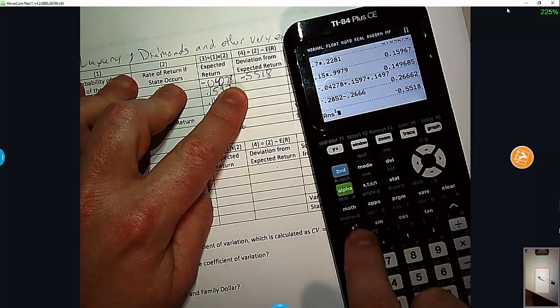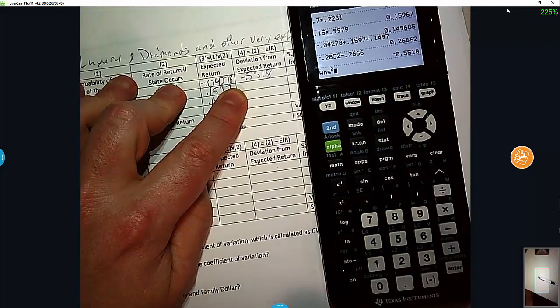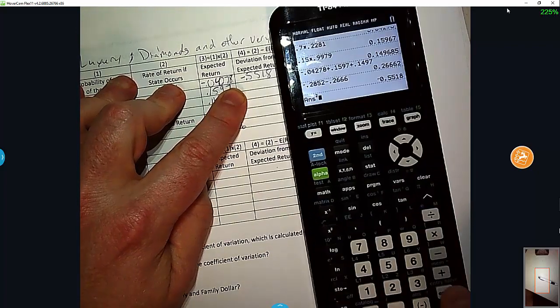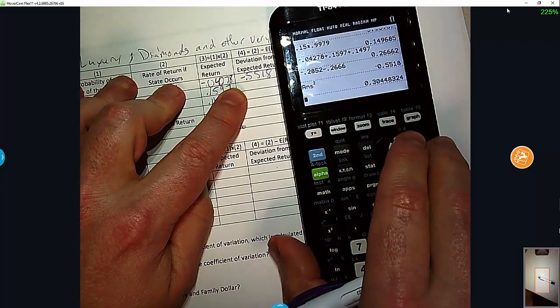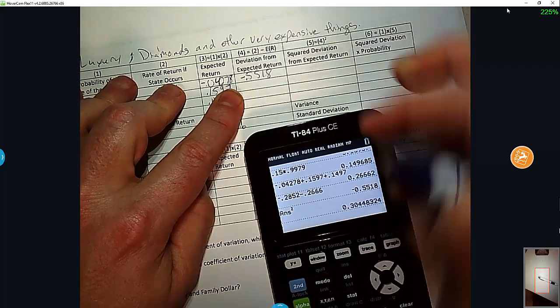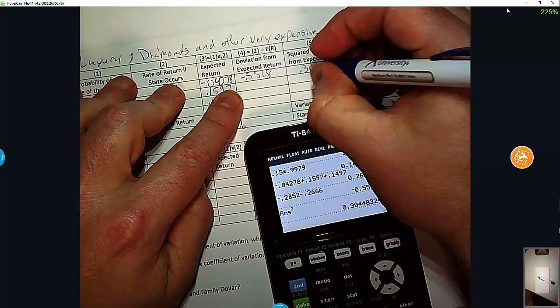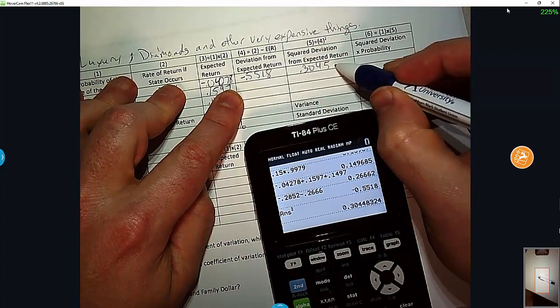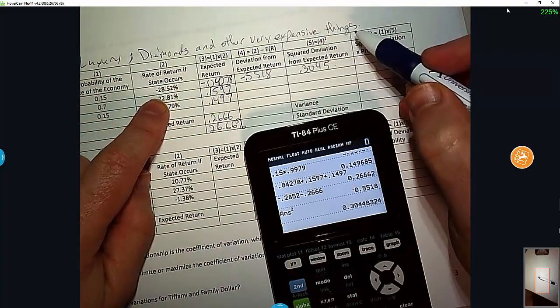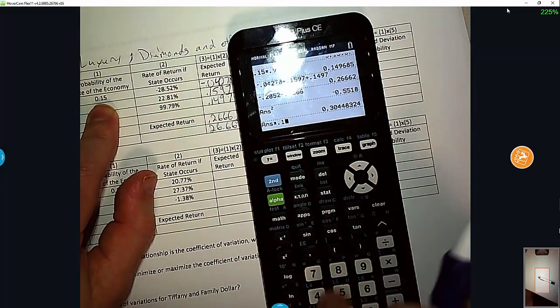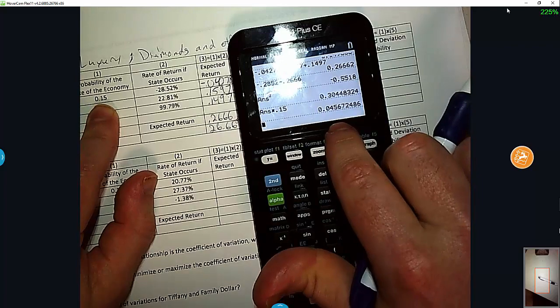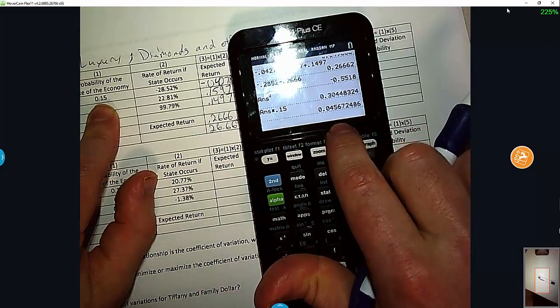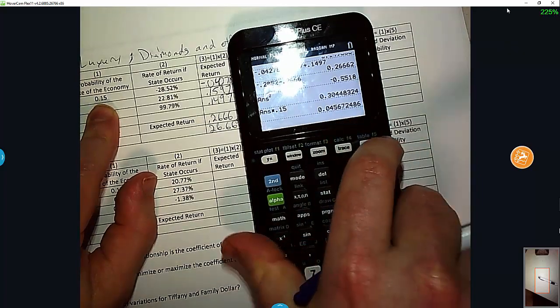So I press the x squared button on my calculator, and that gives me 0.3045. And then I'm going to multiply that squared deviation by the probability of 0.15 to give me 0.04567 or 0.0457.